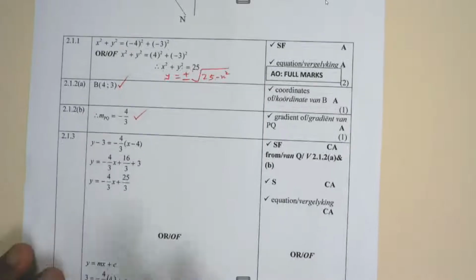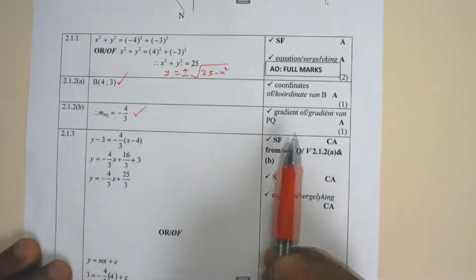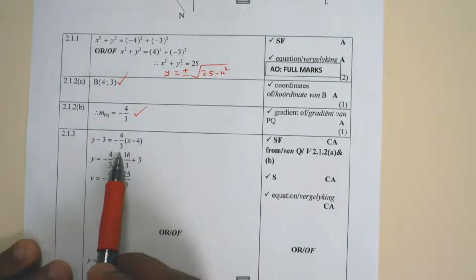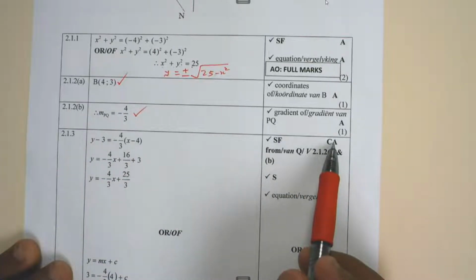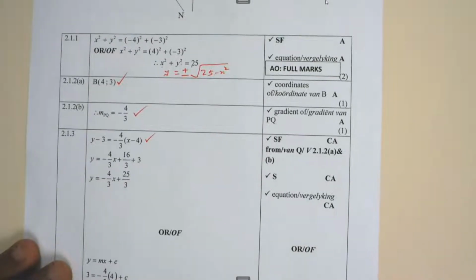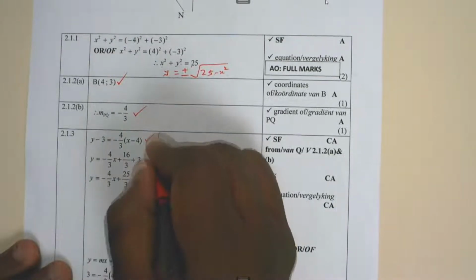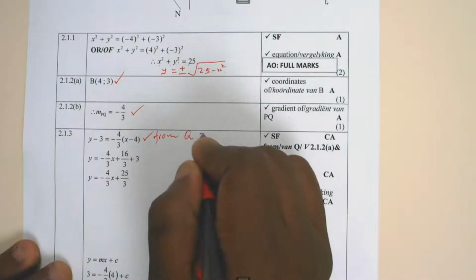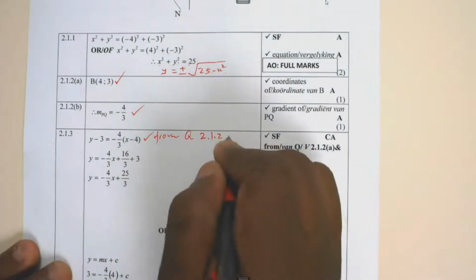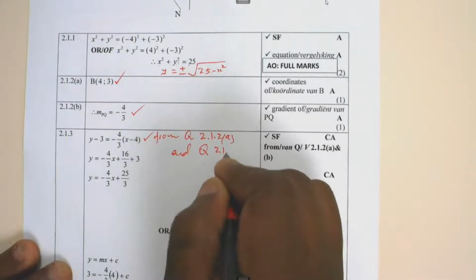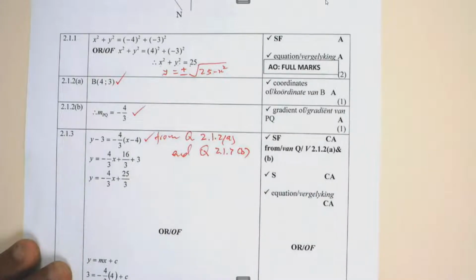And now 2.1.3, colleagues, the first mark is substitution in the correct formula. Now check, it's CA. Now the question will be, why is the first step CA? It's a CA mark from question 2.1.2a and question 2.1.2b. Why?